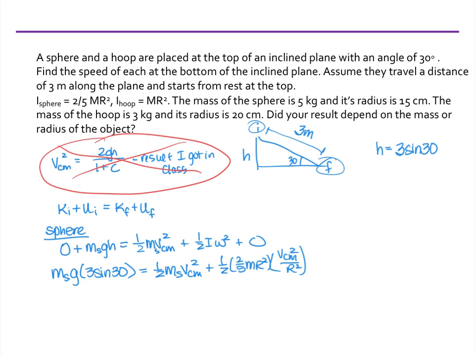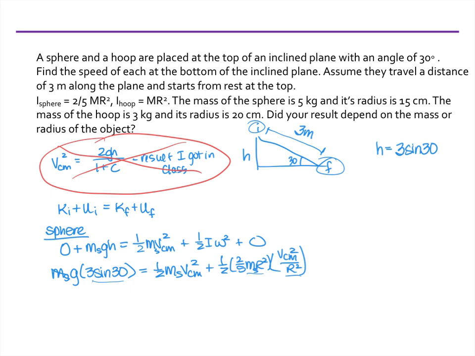So what I did in this step, I wrote the expression for the height, and then I substituted in for the moment of inertia of a solid sphere. And then I also substituted in for omega, the velocity over the radius, and that whole thing is squared, which I already did. So I wanted to just make clear what I did in this step.